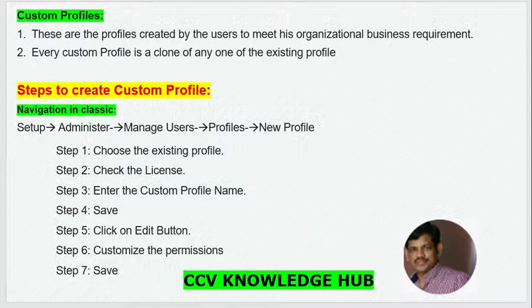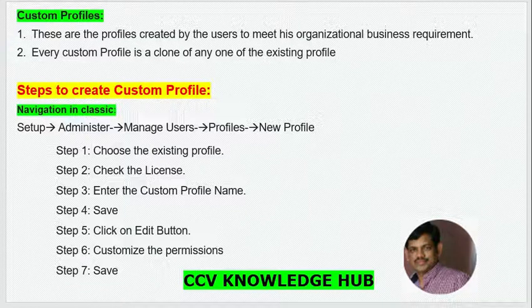And the steps to create a custom profile. First we will see the navigation in Classic: Setup, Administer, Manage Users, Profiles, New Profile. Step 1, choose the existing profile. First we have to select the existing profile and check that particular license.